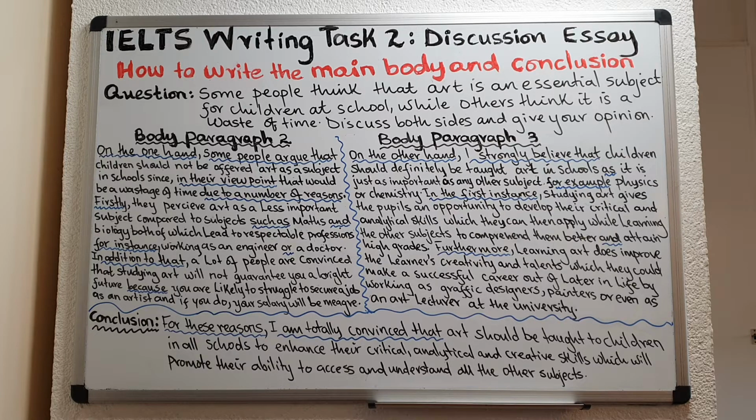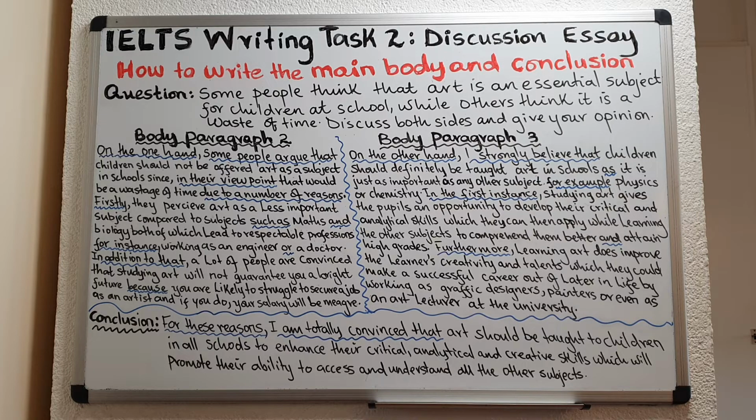some people argue that children should not be offered art as a subject in schools. So you begin with on the one hand, and then after that you write the point of view that you're going to be discussing in that body paragraph. On the one hand, some people argue that children should not be offered art as a subject in schools.